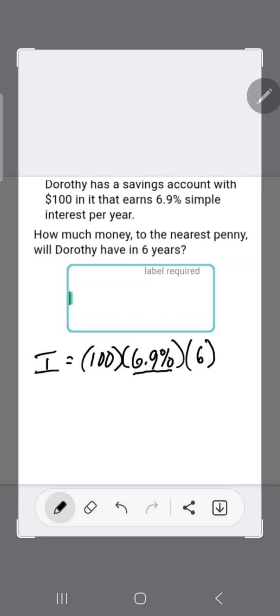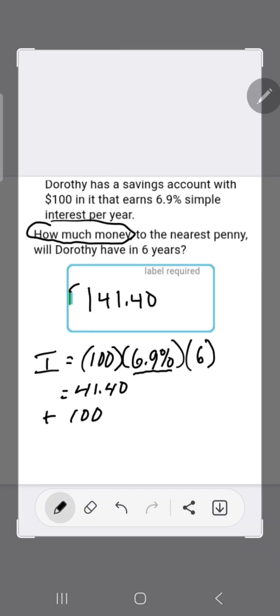So when we do 100 times 6.9% times 6, that's going to give us $41.40 in interest. They want to know how much money they have at the end of 6 years. So take 41.40 plus the 100, and that gives us $141.40, and make sure you have a dollar sign.